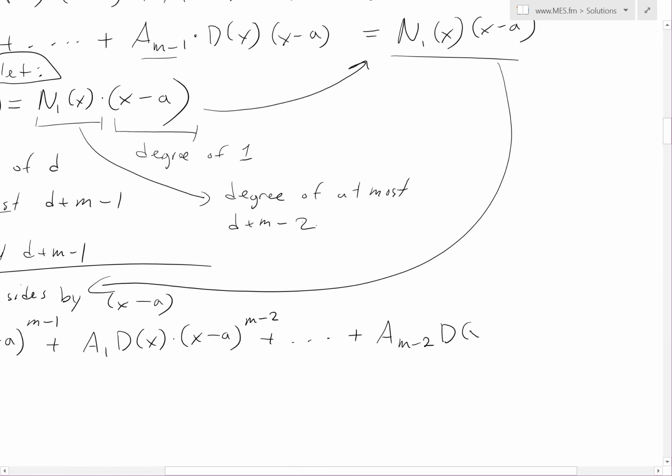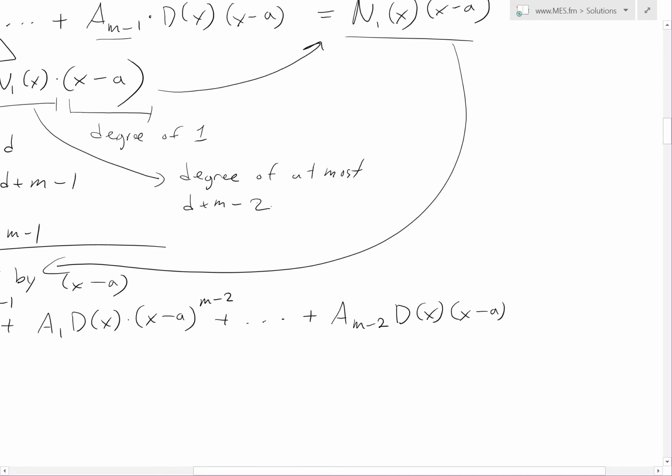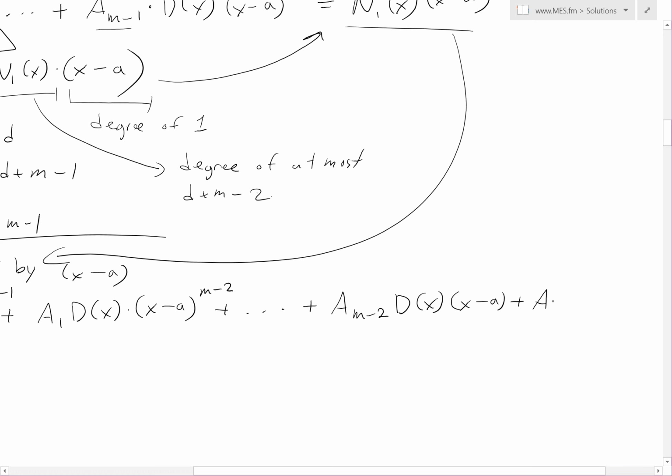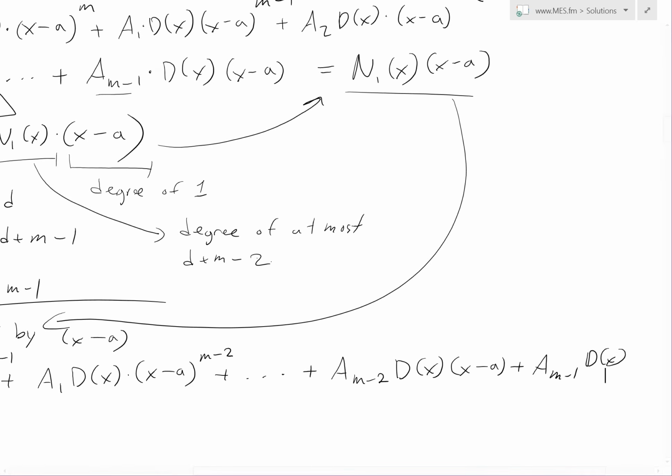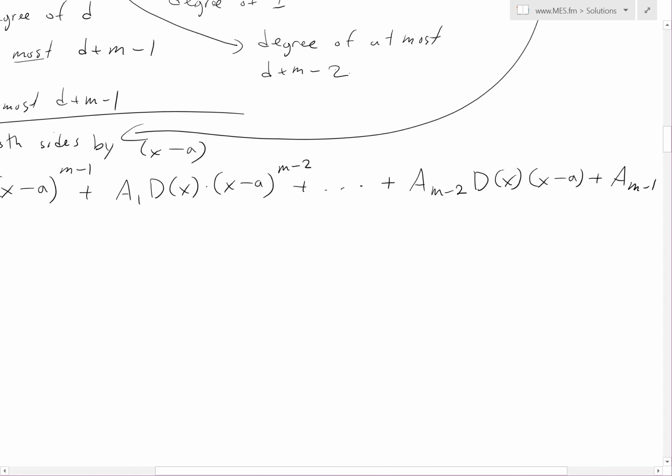Again, because we're dividing by it, the last exponent is going to be 2 minus 1, which equals 1. And then we have the last term, which is a m minus 1 times d of x, because now we're canceling this right here. So when we cancel it, we just get d of x.